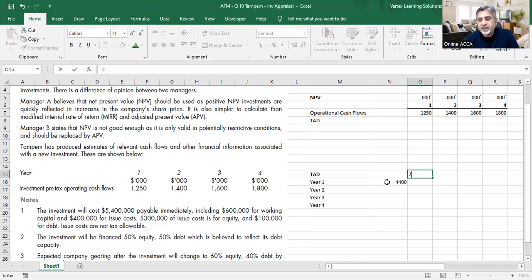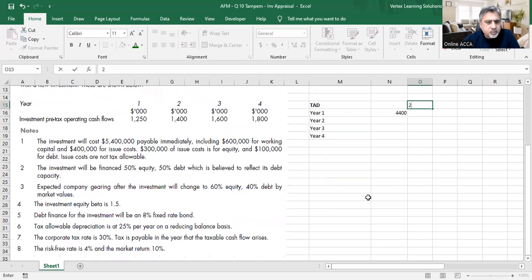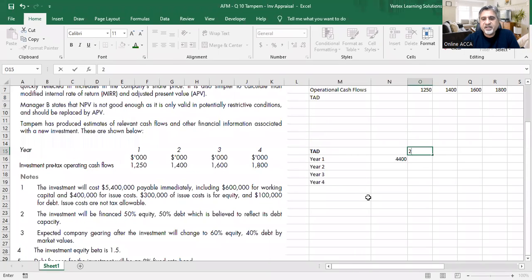And there I get my, I think it is 25% reducing balance. Let me just make sure. Yeah, 25%. So with 25% reducing balance, how much depreciation am I going to show? It is 1.1 million depreciation in year 1.